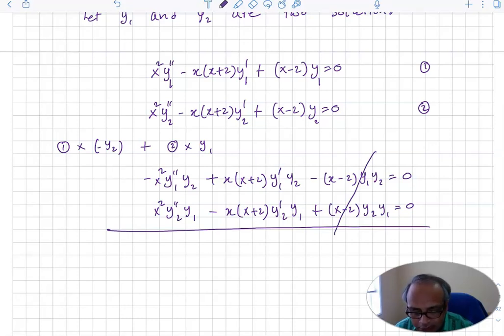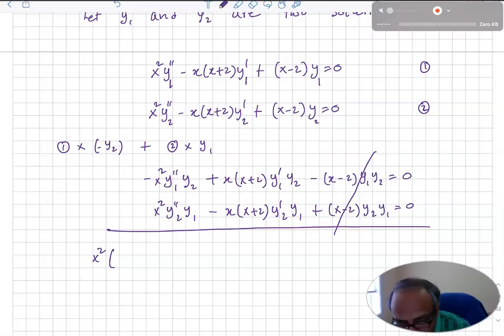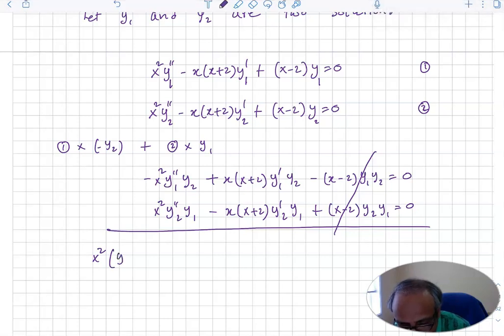And for the first term, what I'm getting is x squared times (y double prime 2 y1 minus y double prime 1 y2). I'm going to just write from bottom to up, so it doesn't matter.